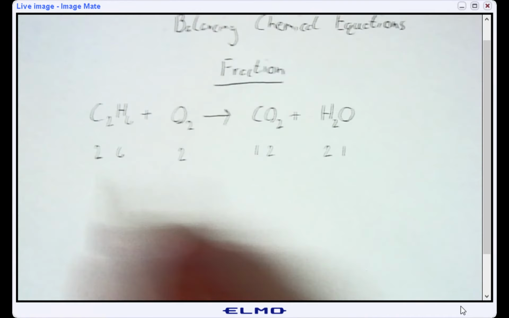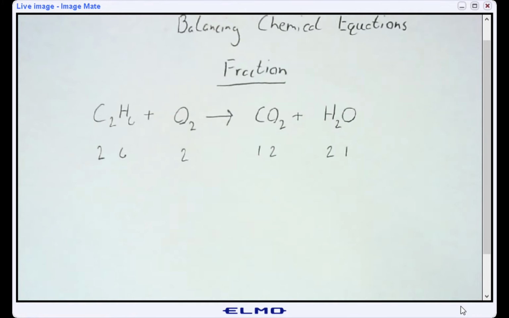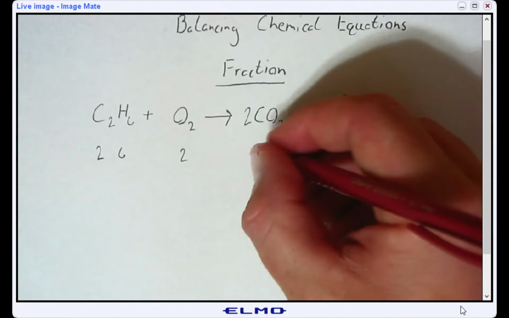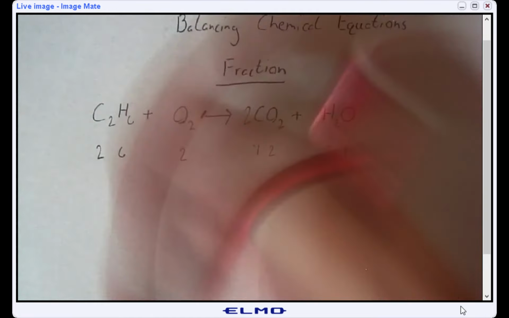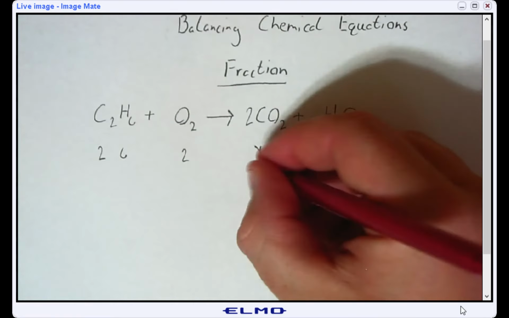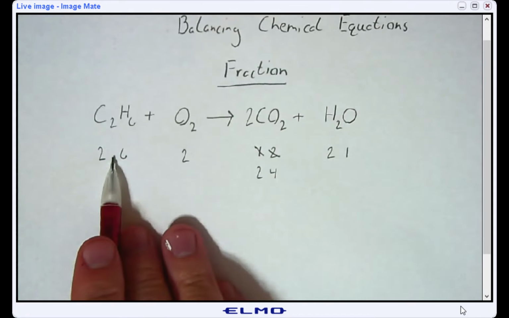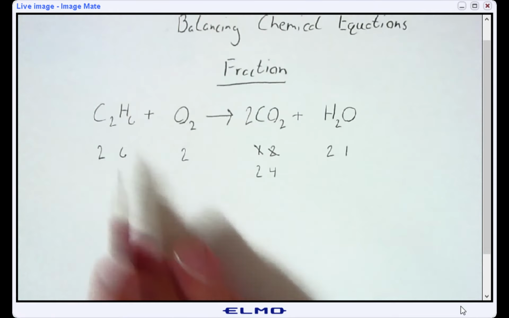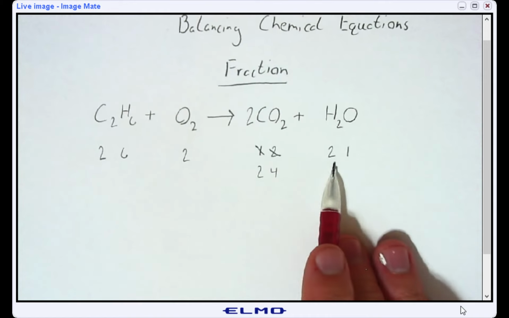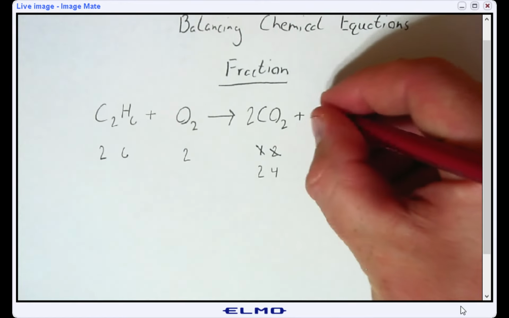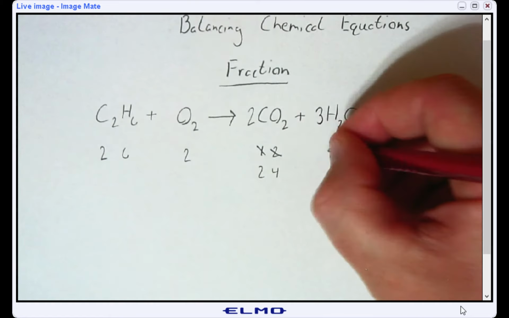2 carbon, 1 carbon. All right, both 2 and 1 can go into 2. So 2 times 1 is 2. 2 times 2 is 4. 2 carbon, 2 carbon, 6 hydrogen, 2 hydrogen. All right, no big deal. We just put, both 2 and 6 can go into 6, so we just put a 3 up here. 3 times 2 is 6.